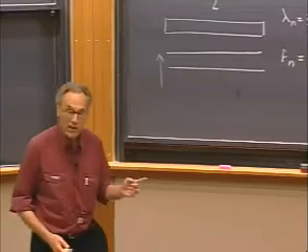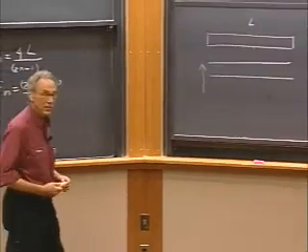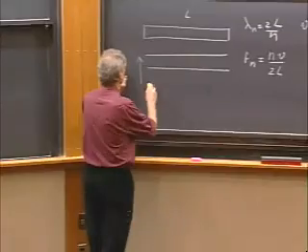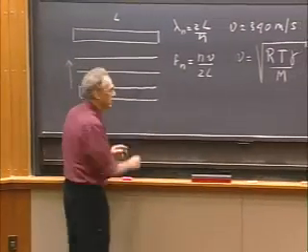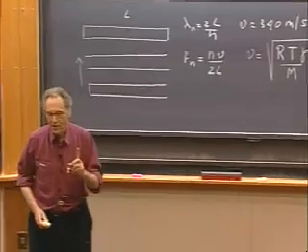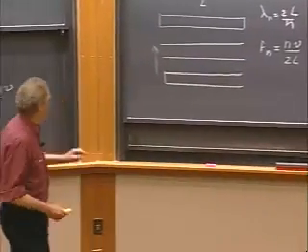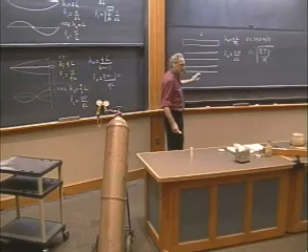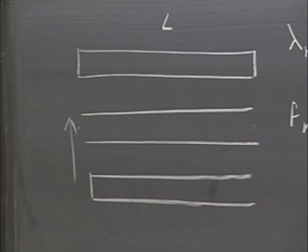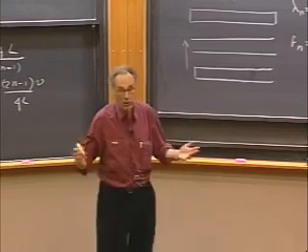Now in the case of sound cavities, it is very easy to make a system which is closed at one end and open at the other. Which you cannot do here, you can do that here. And so in this case, where one side of the cavity is closed and the other one is open, there are musical instruments.